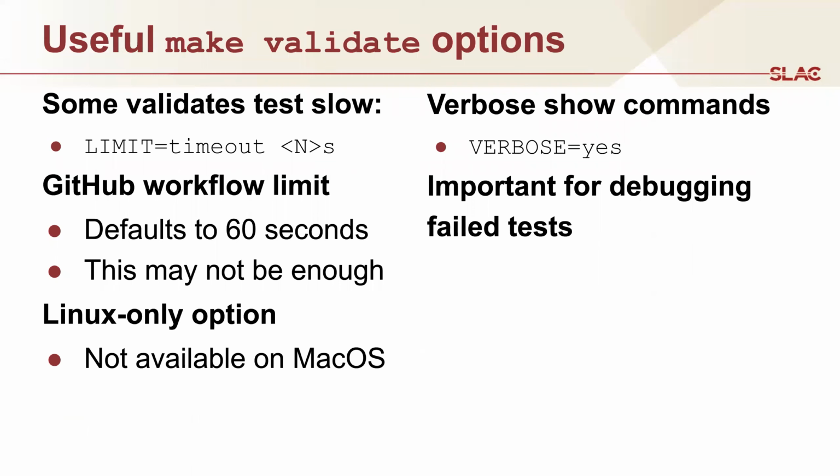So when we run the validate command, there are a number of options that we can use. There's a limit on how long a validation test is allowed to take on GitHub. That limit is right now set to 60 seconds. We don't expect any of the templates to take more than 60 seconds to run a validation test.